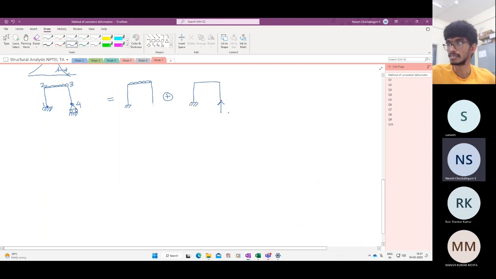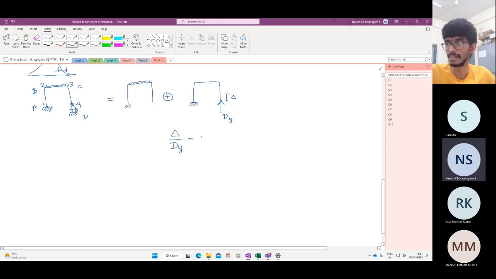Now this unknown force is usually called dy, so we'll say this is A, B, C, D. This will be dy. But dy is an unknown. If it displaces by delta under dy, what will it displace if I apply a unit load? So if I apply a unit load, it will displace by delta divided by dl.